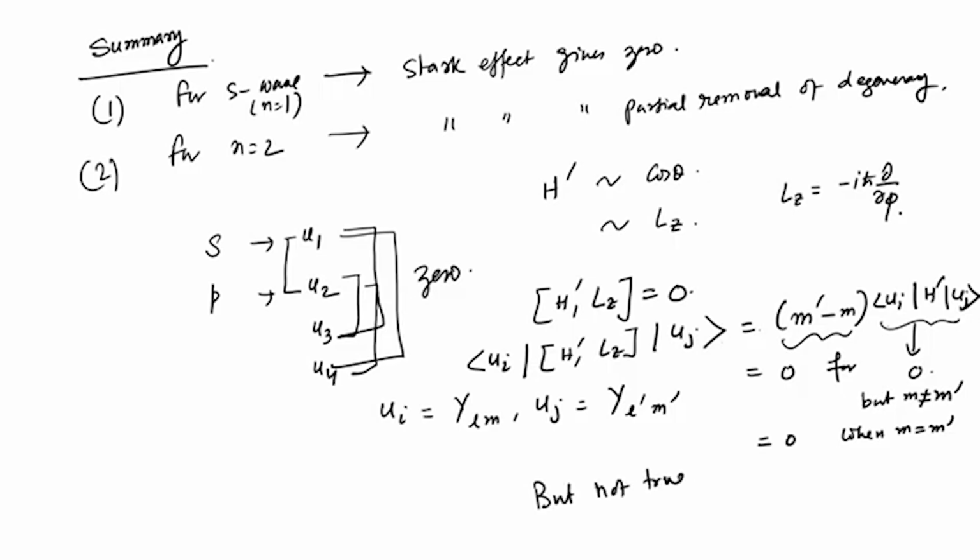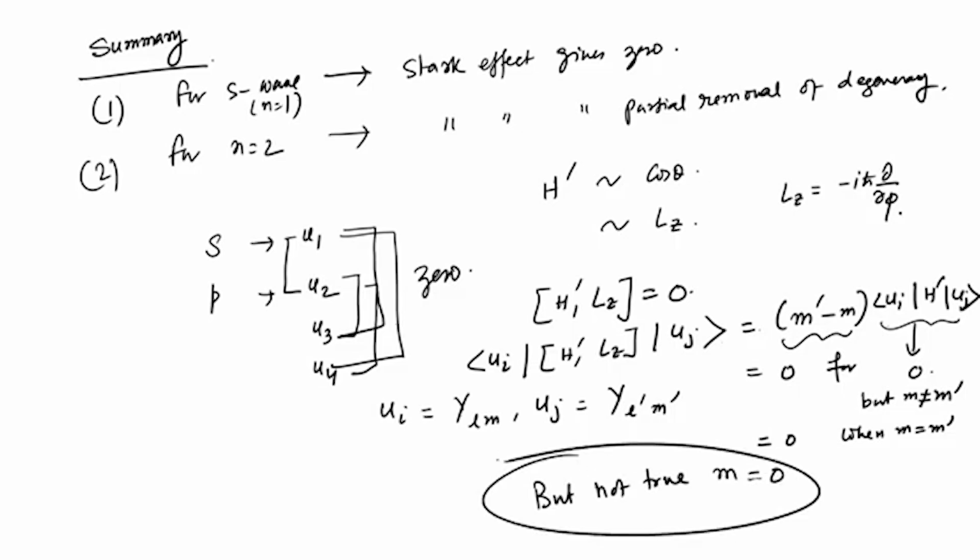So, that is the one that gives you contribution between U1 and U2, which corresponds to psi 200 and this corresponds to psi 210, and that is where you have a non-zero contribution coming from.